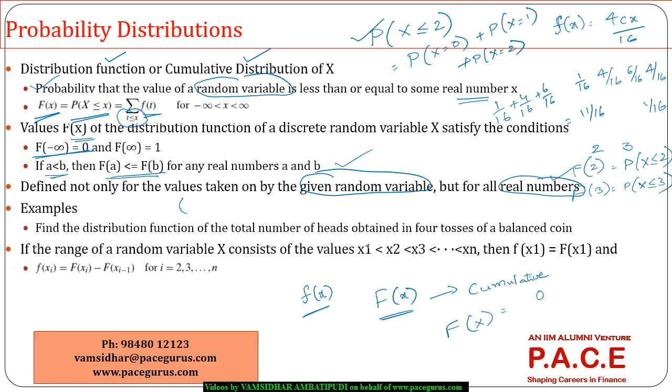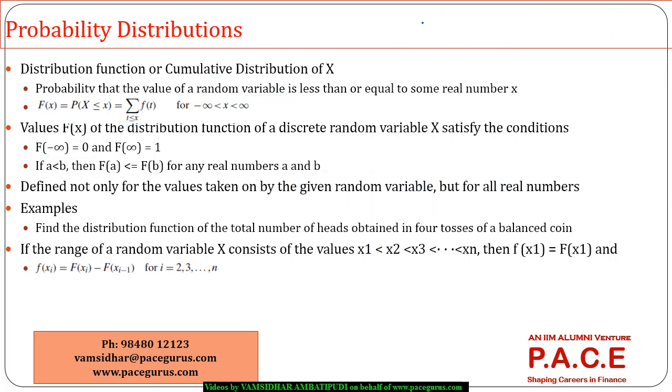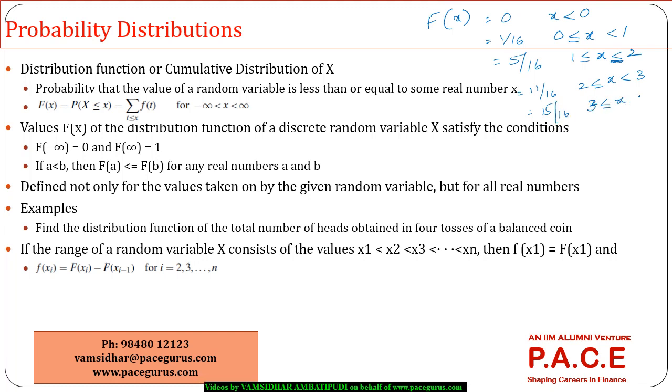If I take the same example of the balanced coin and solve it, F(x) is 0 for x less than 0, is equal to 1 by 16 when we are talking of x between 0 and 1, is equal to 5 by 16 when x is anywhere between 1 and 2, is equal to 11 by 16 when x is anywhere between 2 and 3, 15 by 16 when x is anywhere between 3 and 4, and 1 for any value of x greater than or equal to 4.